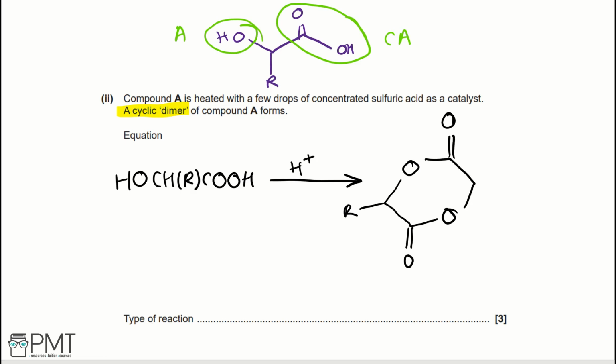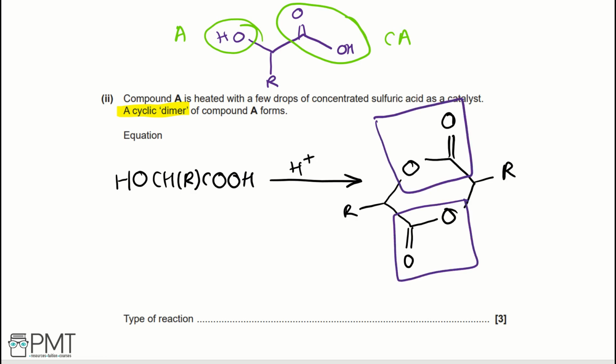I will identify the ester links in just a minute. Here is one ester link and here is our second. We can see that this molecule is symmetrical, which is what a dimer is: 2 identical groups, very easy to split down the middle and make symmetrical.